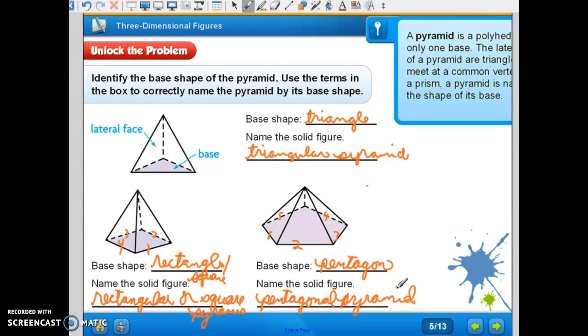Okay, so polyhedrons: a solid figure has three dimensions, length, width, and height, and prisms and pyramids are three-dimensional figures with bases that are polygons.